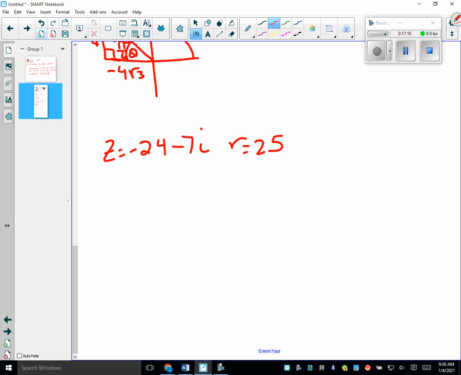So, how can I find theta? Tangent of theta is what? 7 over 24? So what is theta equal to? Arctan of 7 over 24.